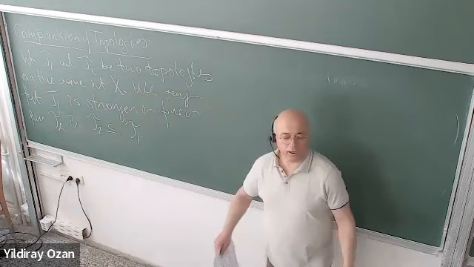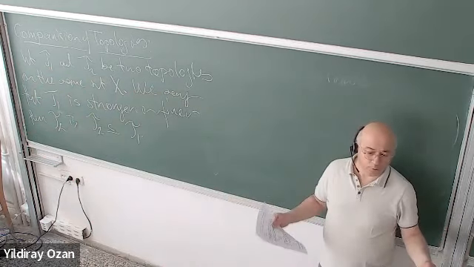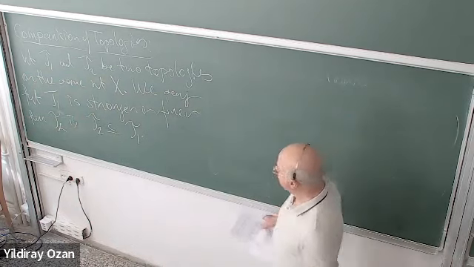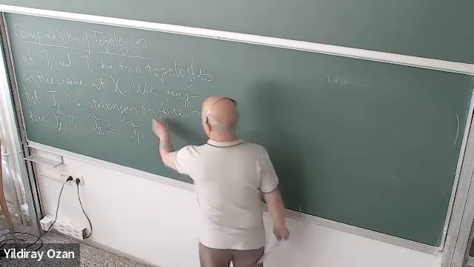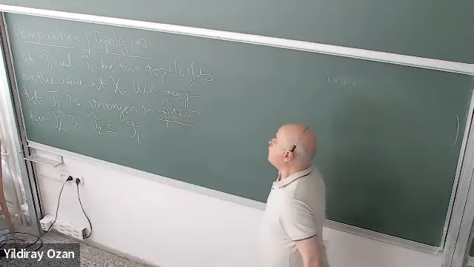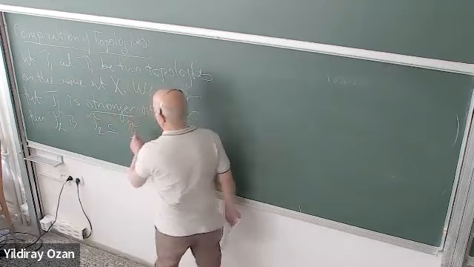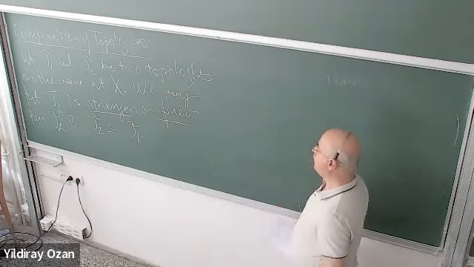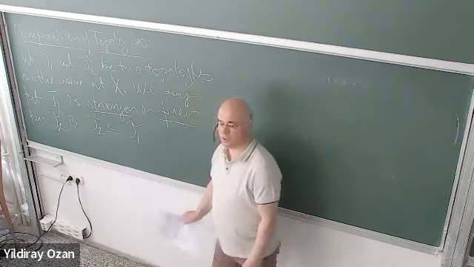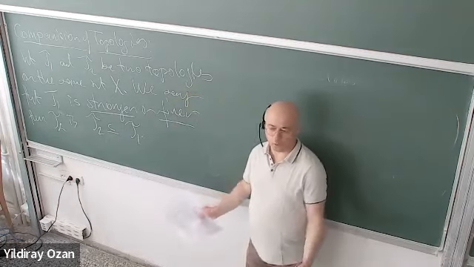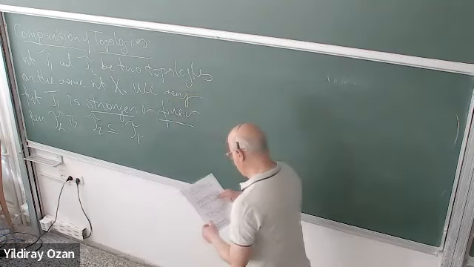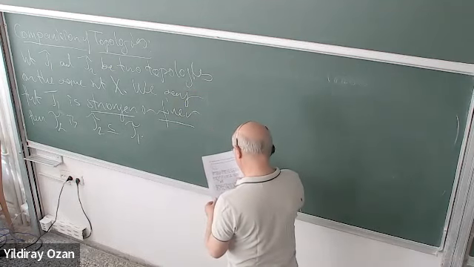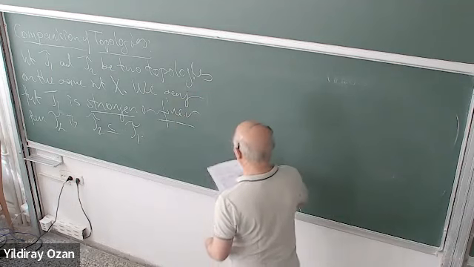So the topology which has more open sets is called stronger, okay, or finer. And similarly, we say that in this case, T2 is a weaker topology, okay?